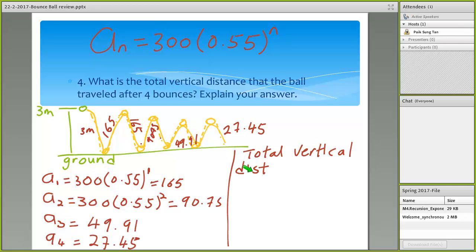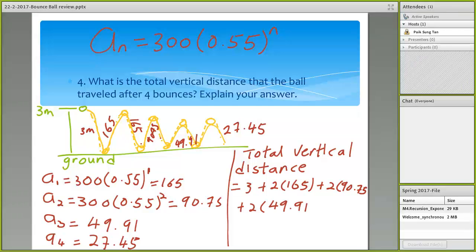All right, so the total vertical distance is equal to 3 meters plus 2 times 165, because they are up and down, plus 2 times 90.75, up and down, plus 2 times 49.91, plus 2 times 27.45.